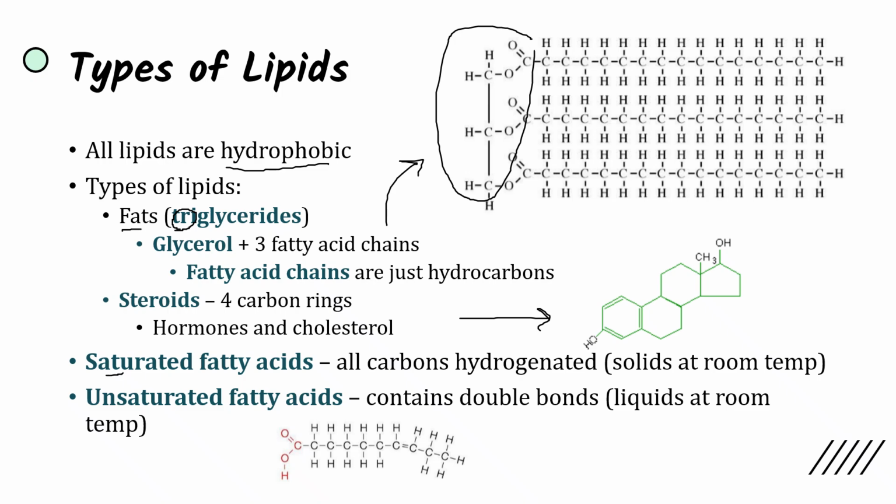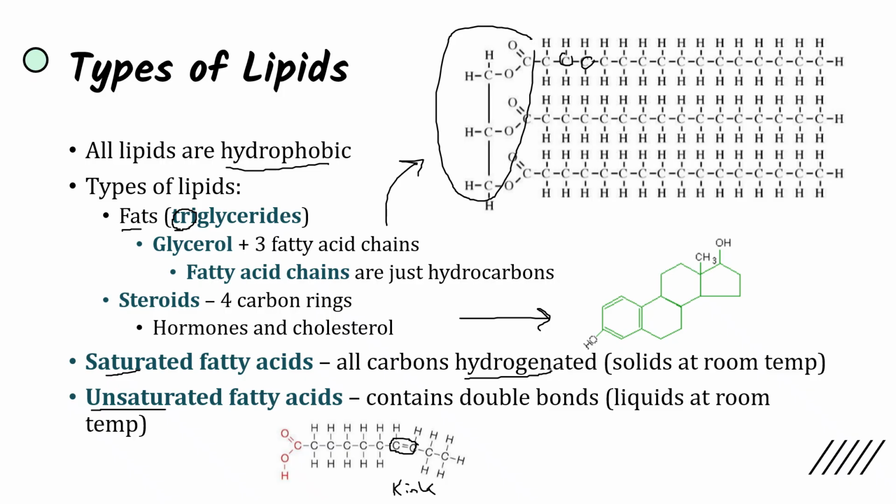And a saturated fatty acid means that all carbons have been hydrogenated, meaning that every single carbon in this hydrocarbon chain has hydrogen atoms attached to it, as we can see up here. However, sometimes fatty acids are unsaturated, meaning that not all carbons have a hydrogen atom, and as such, these carbons become double bound to each other, creating what is called a kink in the hydrocarbon chain.